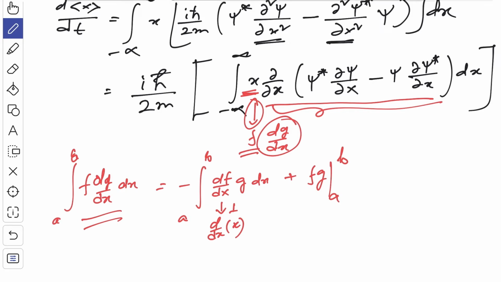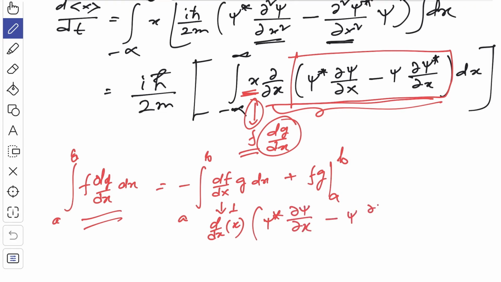Then this part is z, so you get psi star del psi by del x minus psi del psi star by del x, dx.